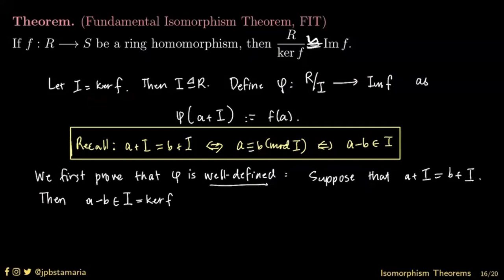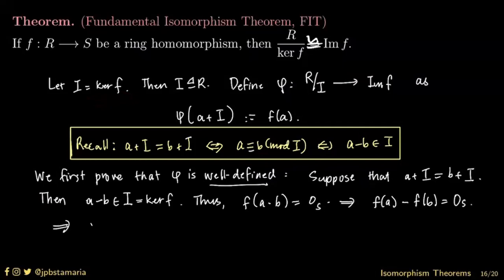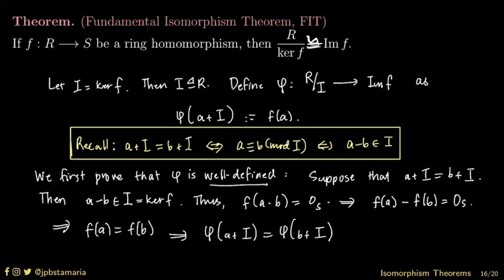So, pag nasa kernel ka, that means to say, zero ni F yung A minus B. And because F is a homomorphism, that means F of A minus F of B will equal 0. Pag mag-add ka ng F of B on both sides, you will get the following. And therefore, by definition, yung phi of A plus I equals phi of B plus I.